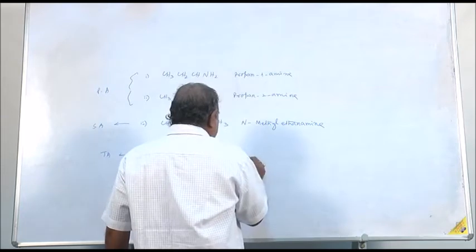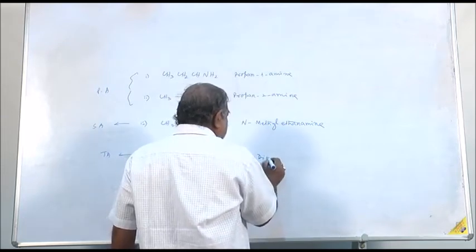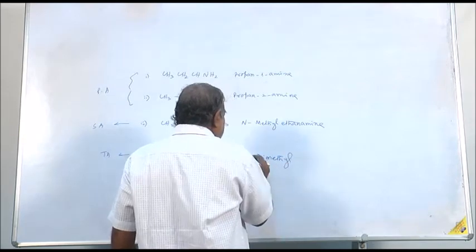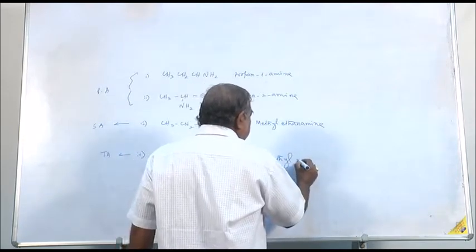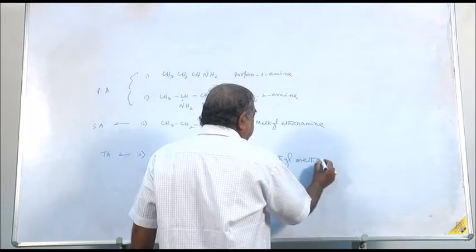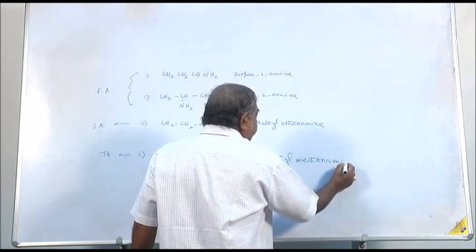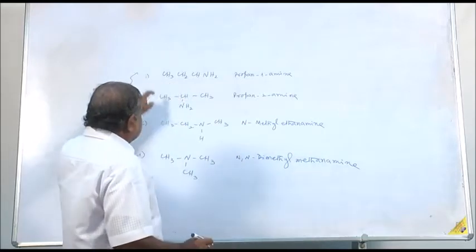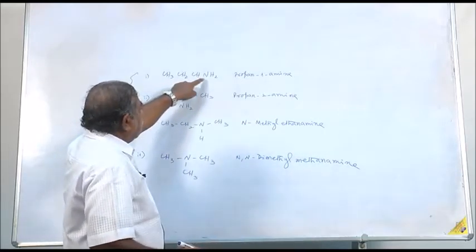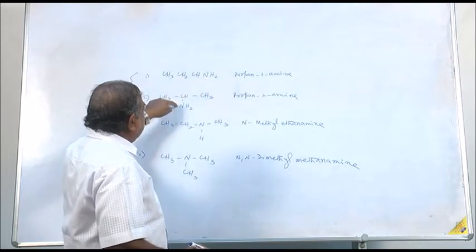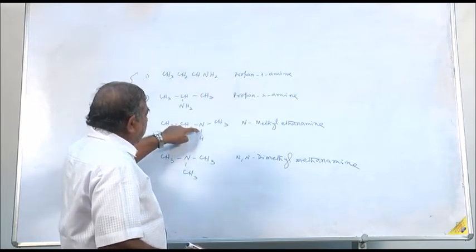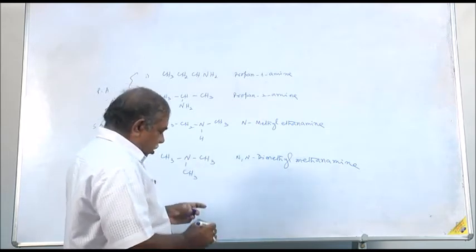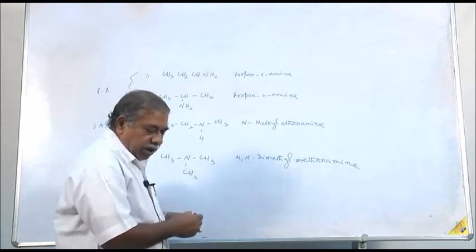This is your N,N-dimethylmethanamine. You can use nitrous acid to distinguish these three. Primary: wherever there is amino group, there will be OH group. This compound forms nitroso compound, this will form a salt, nitrite salt, with nitrous acid. That part I leave to you.